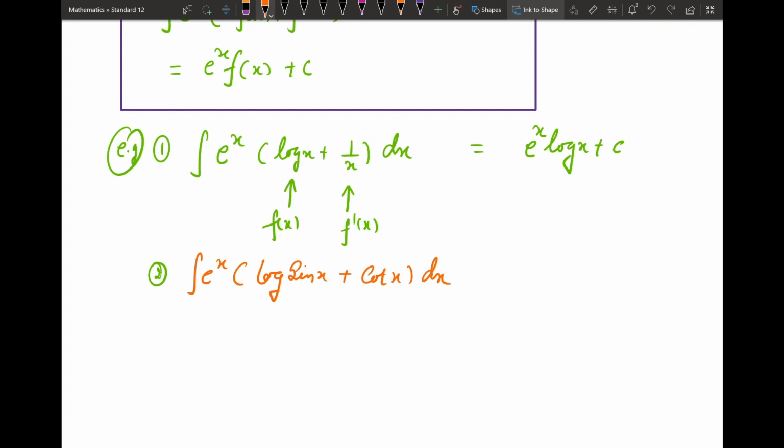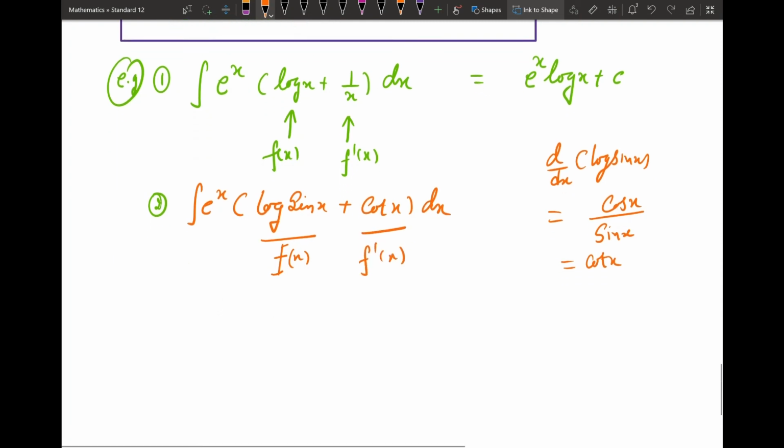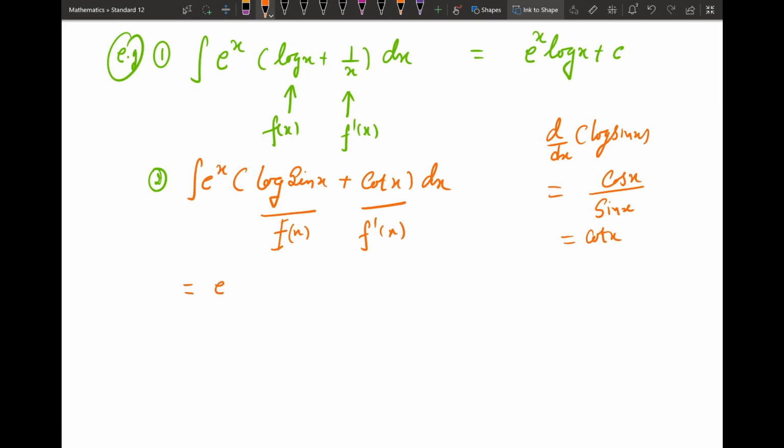So if we consider log sin x as f of x, then derivative of log sin x, d by dx of log sin x, is 1 upon sin x into derivative of sin x, this is cos x, so cot x, and this is nothing but f prime x. So by the above formula, it is e raised to x into log sin x plus constant of integration.